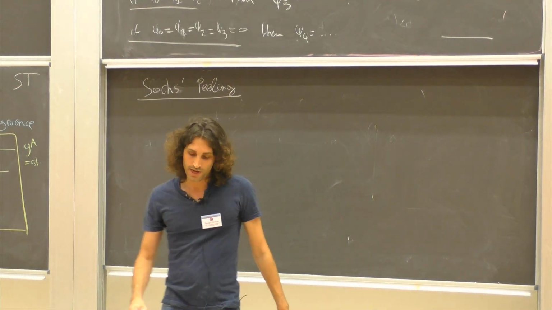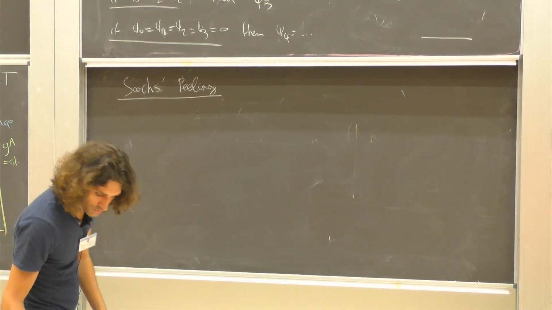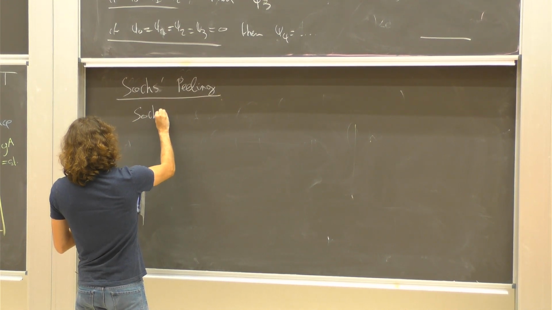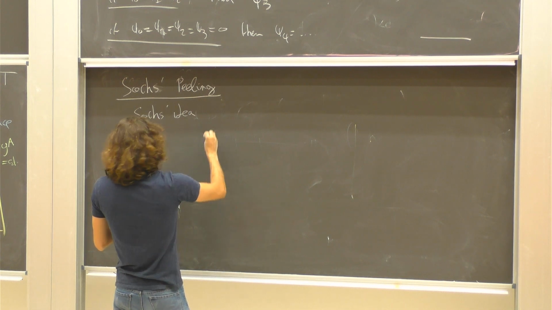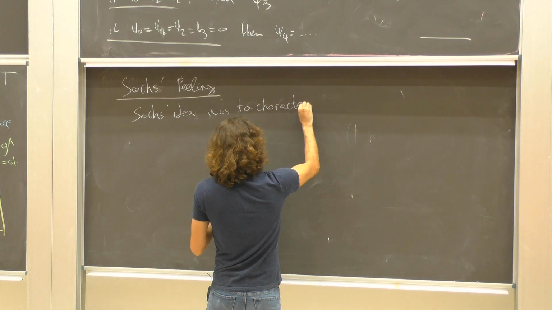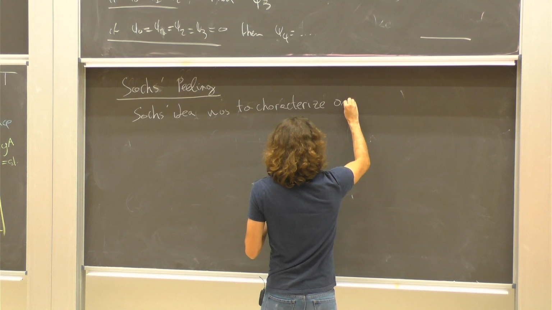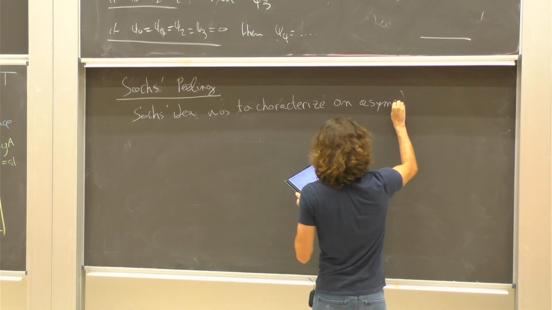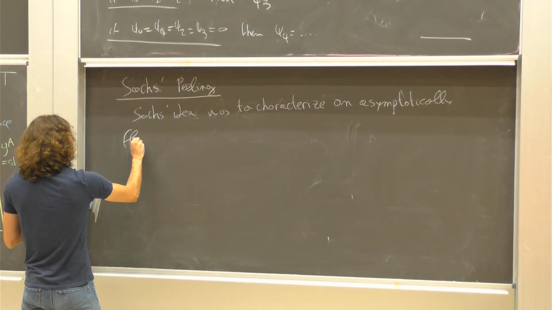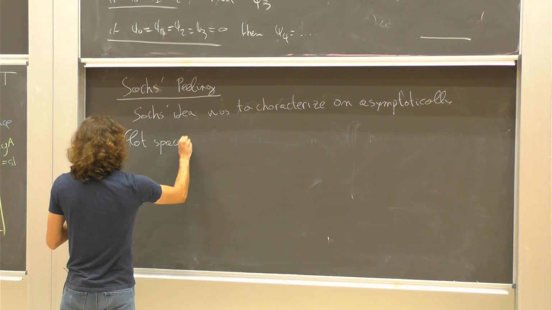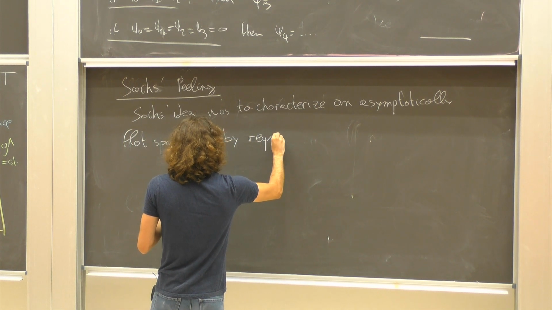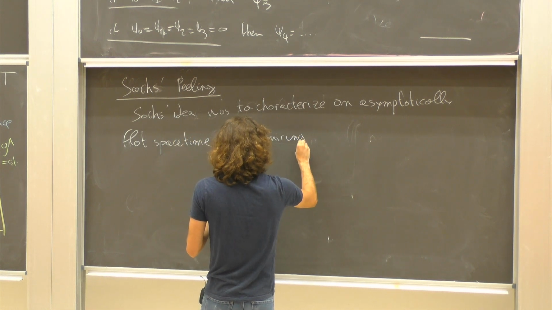So for example, psi 0 is some invariant object, so his idea was to characterize an asymptotically flat spacetime by requiring the following feature.